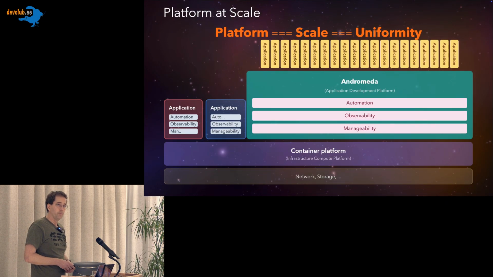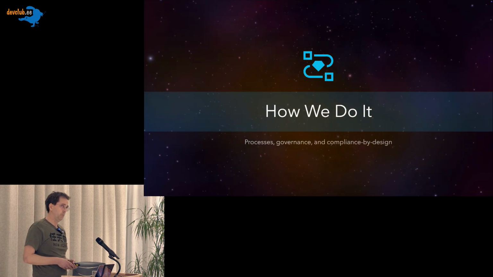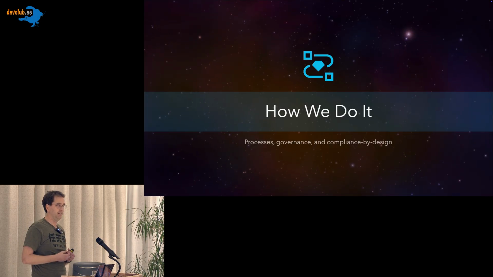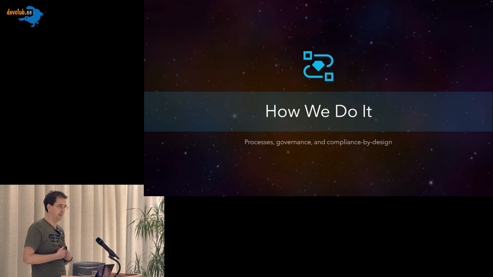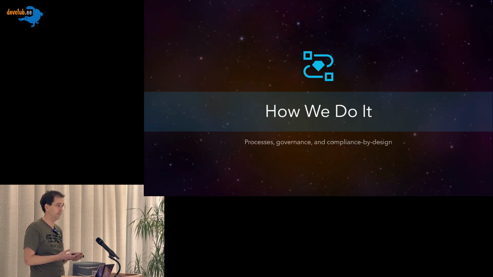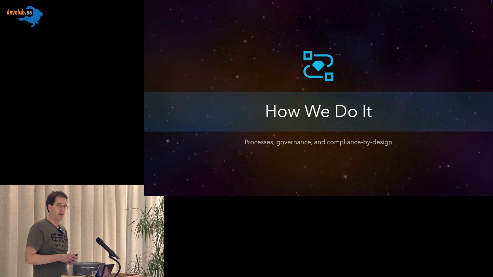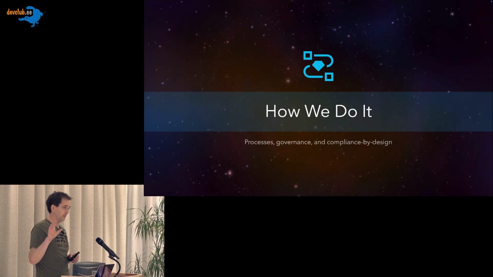And another thing that is important when it comes to being a platform provider is very clearly state what is the platform's responsibility and accountability, and what is your responsibility and accountability when building things on top of that. So Andromeda very clearly says, we don't care about your applications, the platform team.